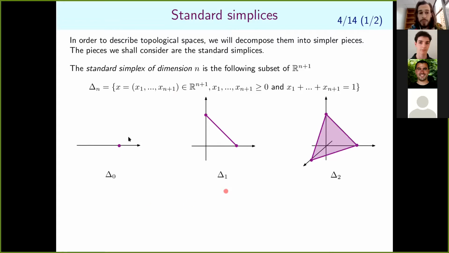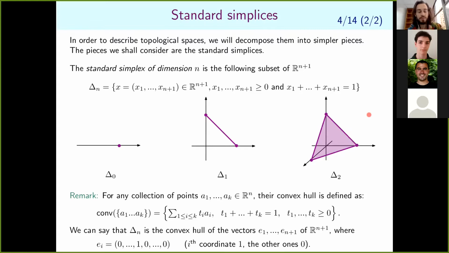Delta 1 is a subset of R^2, and it is, as you can see, this straight line between the points (1, 0) and (0, 1). Delta 2 also is a subset of R^3.